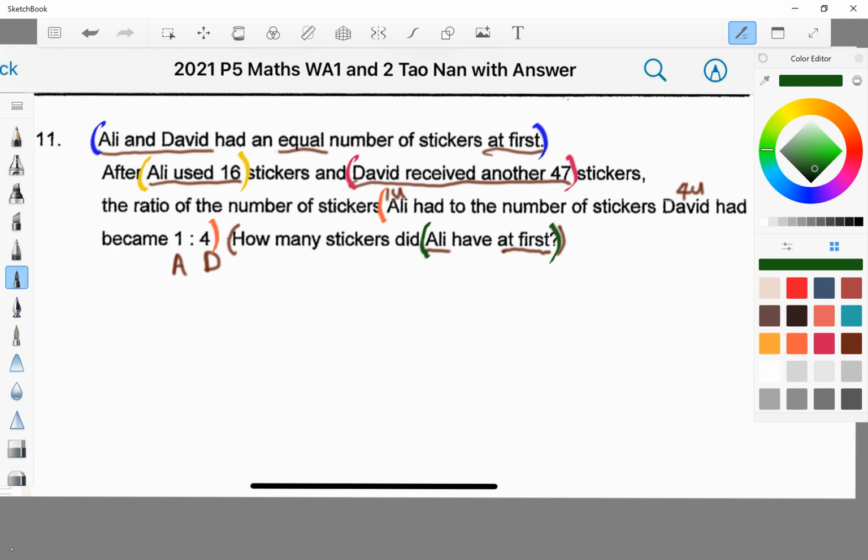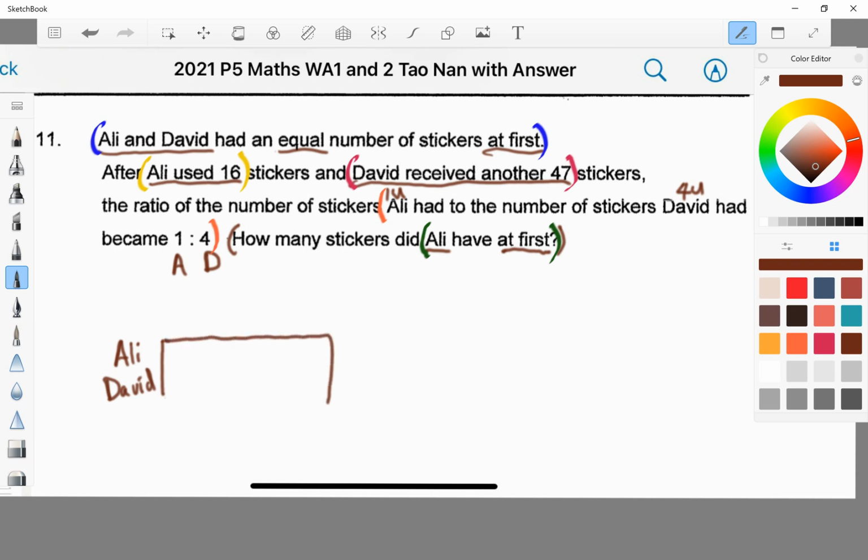So now that I have completed my annotation, I can get right down to the model drawing. So A for Ali and D for David. I can use the short form or I can choose to write out the names as what I've done over here on the screen. So at the start they were equal, so I will draw a rectangle.